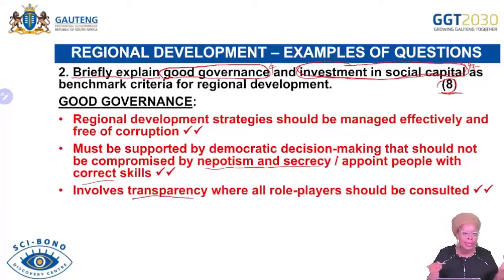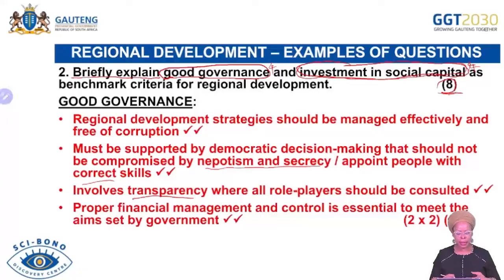You can even mention that the government officials involved in this regional development should be held accountable for their behavior. Finances should be checked, evaluated, monitored. You can mention that. Proper financial management and control is essential to meet the aims set by the government. You can mention that. But remember, to a maximum of 5 marks, because the question is two-folded.